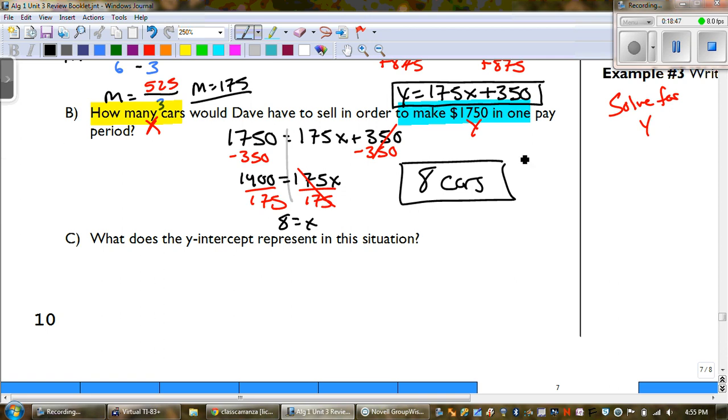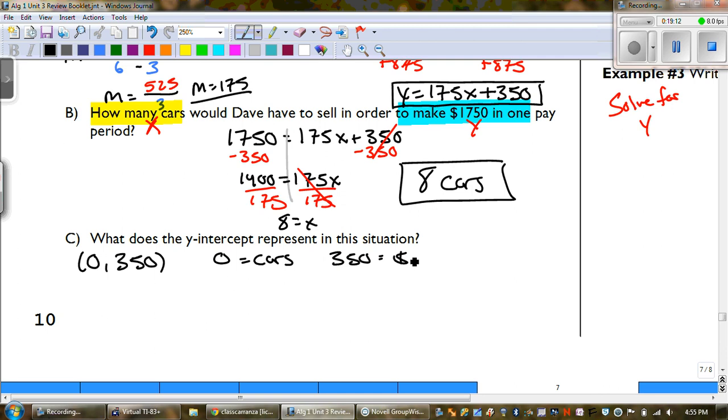Okay, what does the Y-intercept represent in this situation? Well, remember, we get the Y-intercept from the equation from the very top. So that point is 0, 350. The 0 equals the cars, and the 350 equals money.